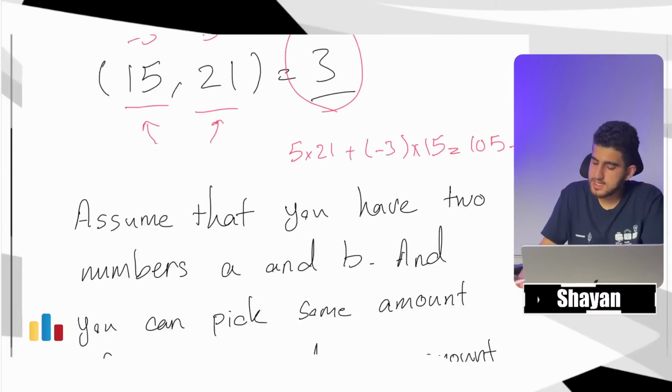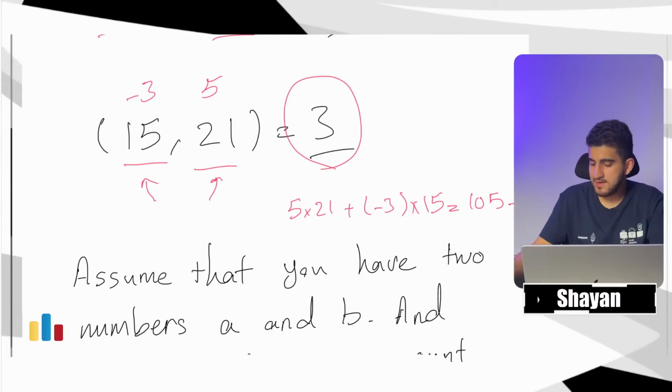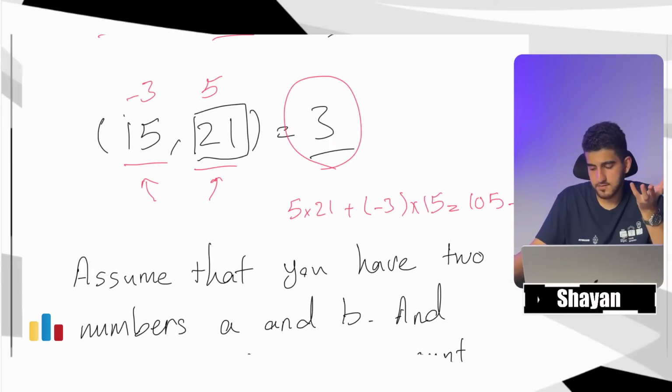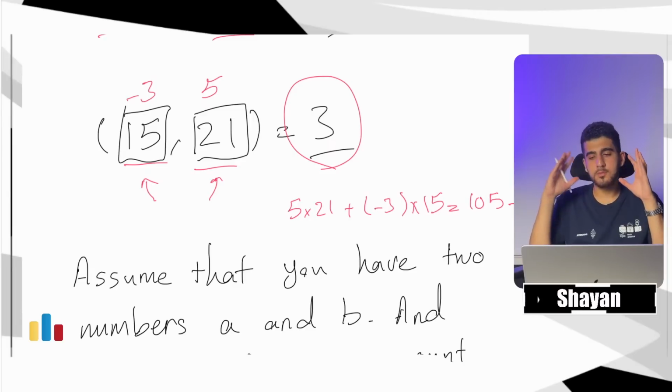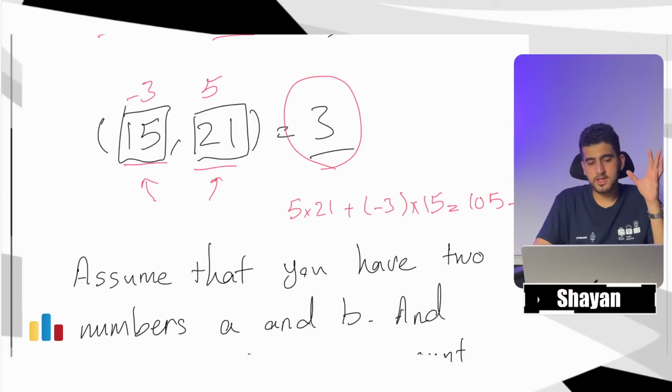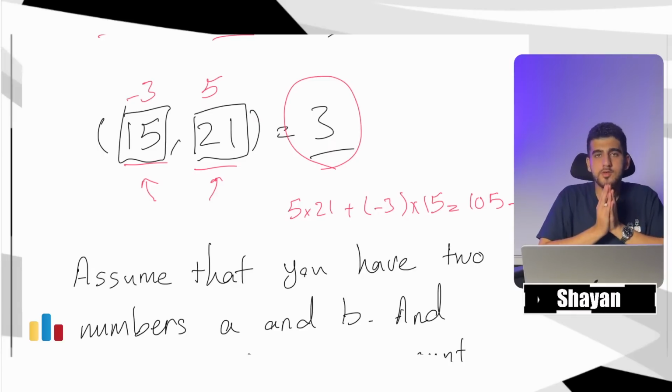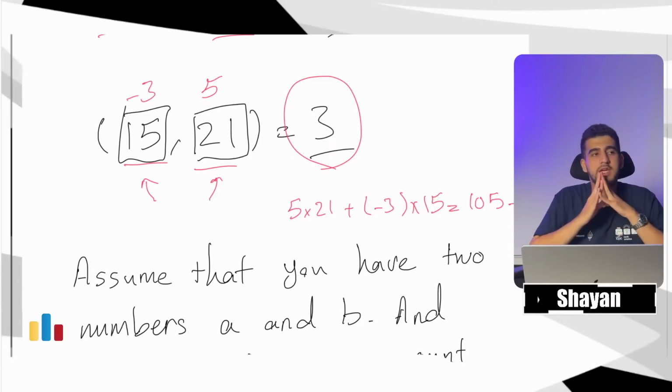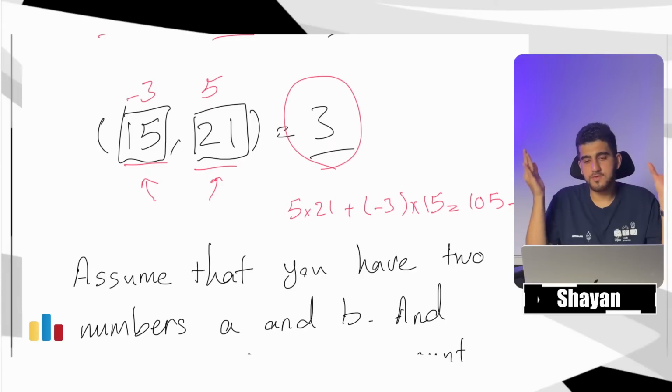First of all, it's obvious that you cannot make anything that is not a multiple of 3, because both of these numbers are multiples of 3. However you multiply them by some value and add them, the answer is going to be a multiple of 3. And what Bézout's theorem states is that you can make every multiple of 3. All the multiples of 3 can be made.